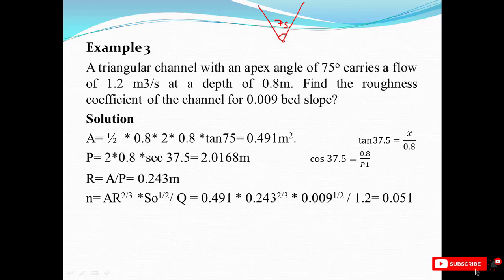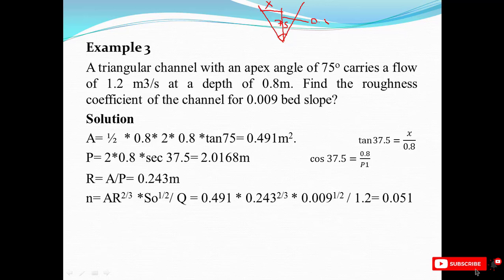find X. Divide the angle 75 by 2, which equals 37.5, so X equals tan 37.5 times 0.8, because this is y, which is 0.8.